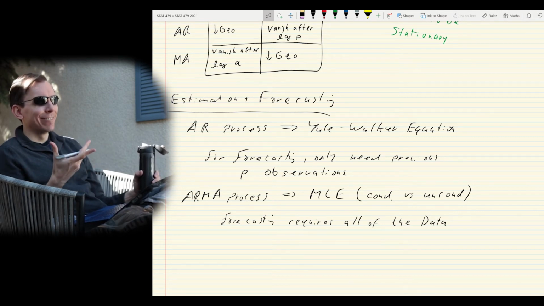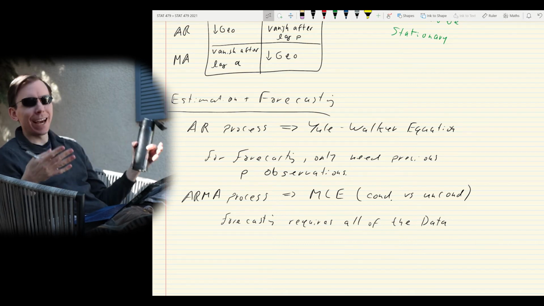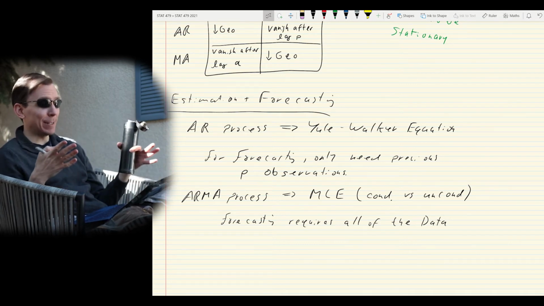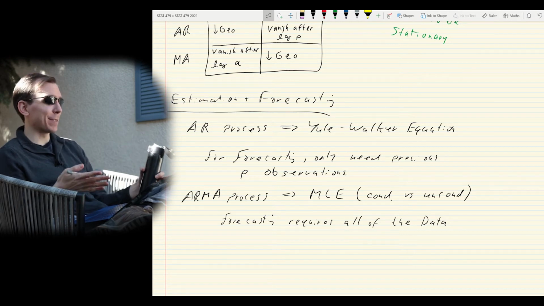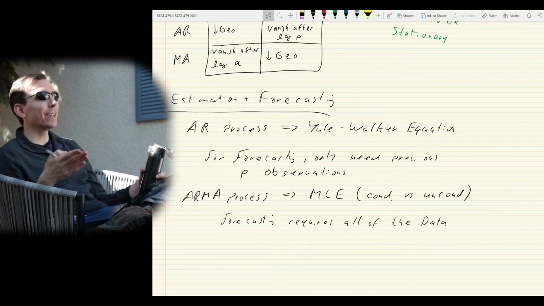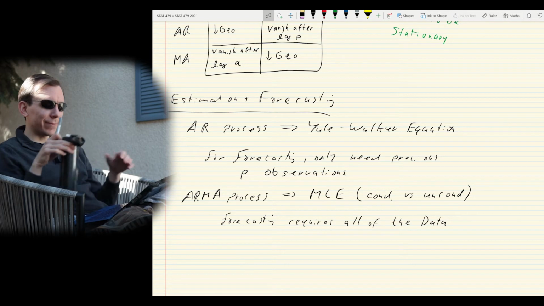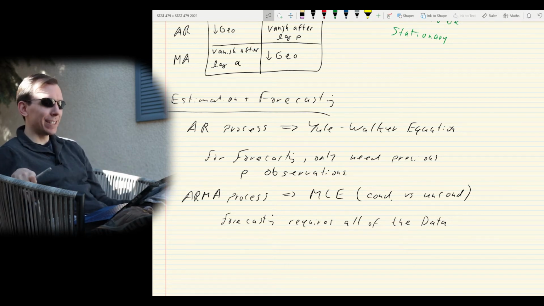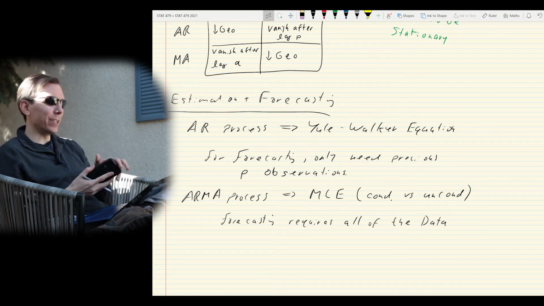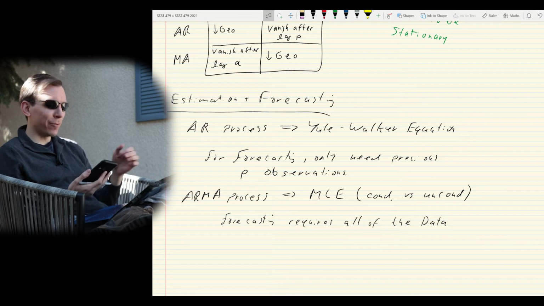We had that kind of goofy setting where we could imagine that we had infinite data, which is really nice mathematically. It doesn't work in practice, but at least mathematically, we could consider having infinite data going into the infinite past, and then we could consider modeling based on that. In practice, we don't have that. We have finite data, and that led to a couple different methods that we could use for forecasting, right?